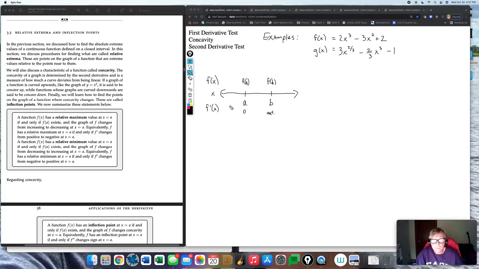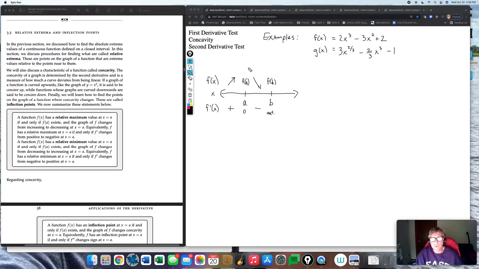So what we're saying is if the derivative is positive, the function has a positive slope, which means it is increasing. This is my little arrow to say that the function is increasing. If a function's derivative values are negative between two critical numbers, then we say the function is decreasing between those two critical numbers. And if the sign changes from positive to negative for the derivative, then look what's happening to the function.